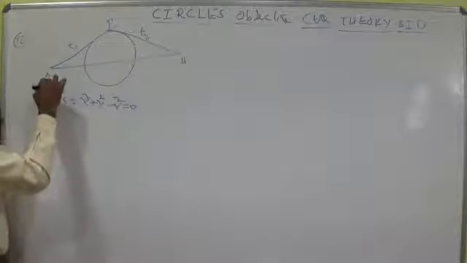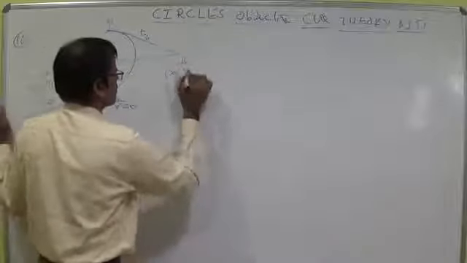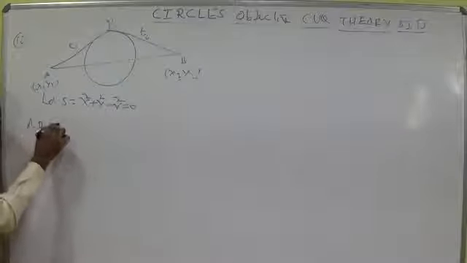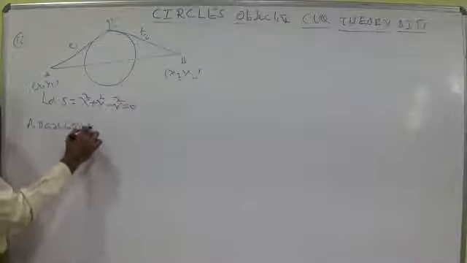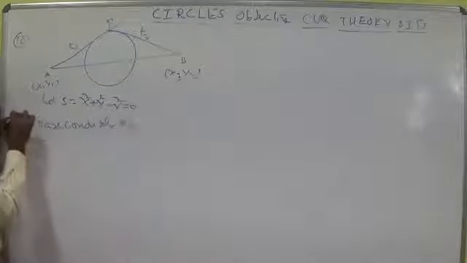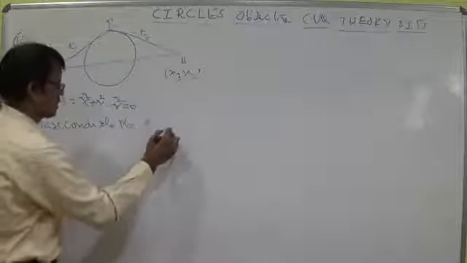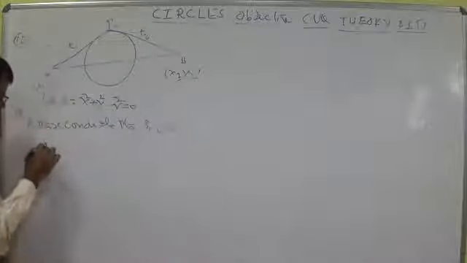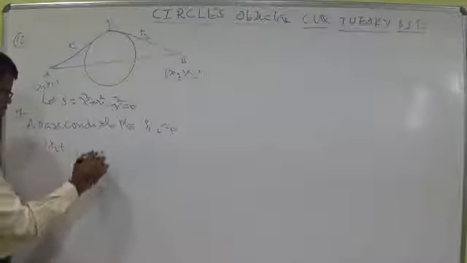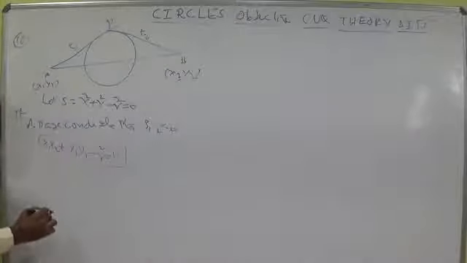Let A be x1, y1 and B be x2, y2, which are conjugate points. If A, B are conjugate points, the condition is S12 equal to 0. Of course, S12 notation is x1 x2 plus y1 y2 minus r square is equal to 0.